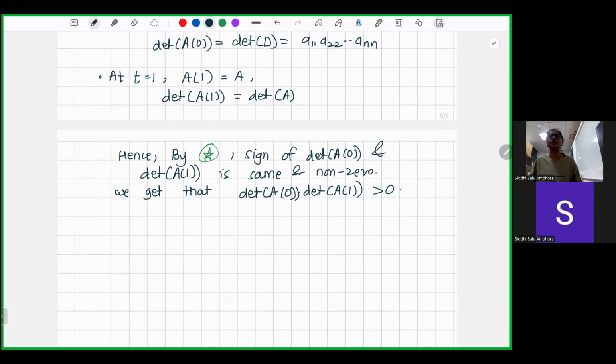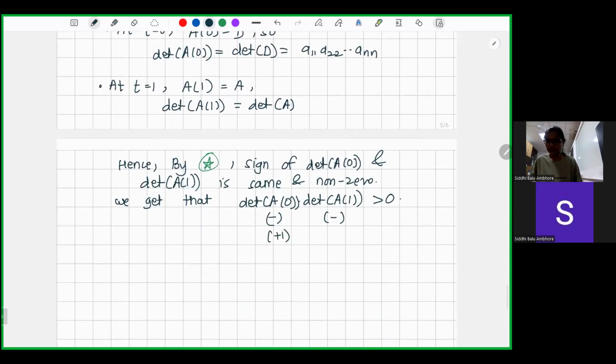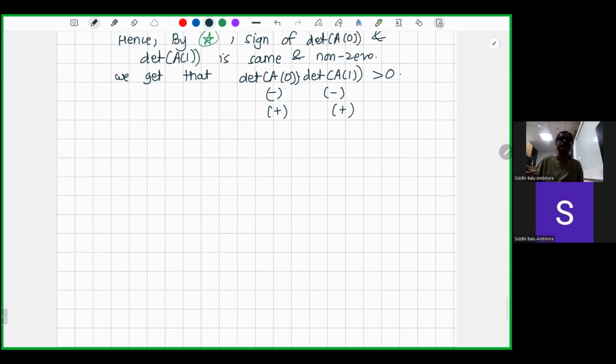We get this because if determinant of A(0) is negative, determinant of A(1) will also be negative using this star which we have here. And if determinant of A(1) is positive, then determinant of A(0) will also be positive, so both have the same sign. But what was determinant of A(0)? It was just a11, a22, ..., ann, and determinant of A(1) was just determinant of A, and their product will be greater than 0.